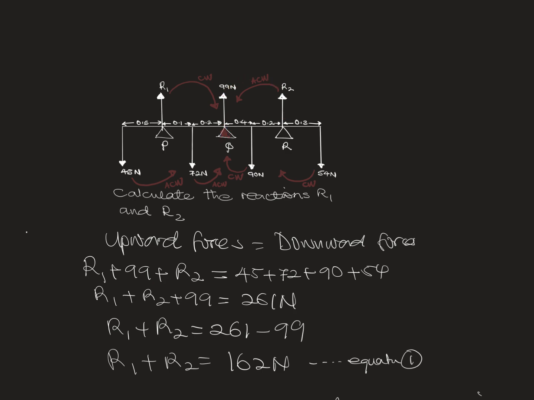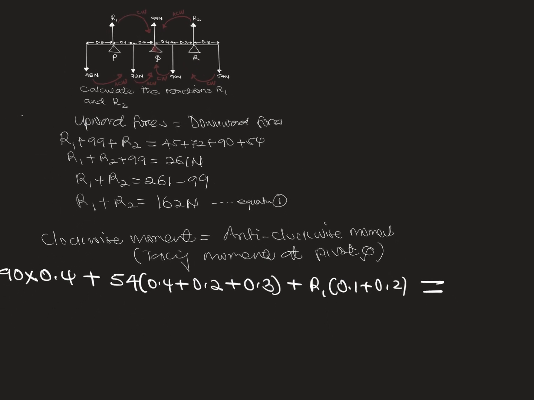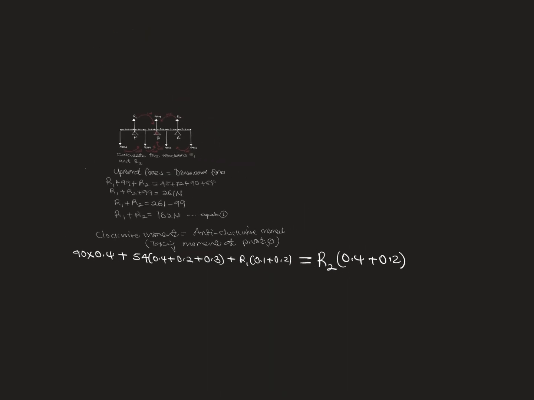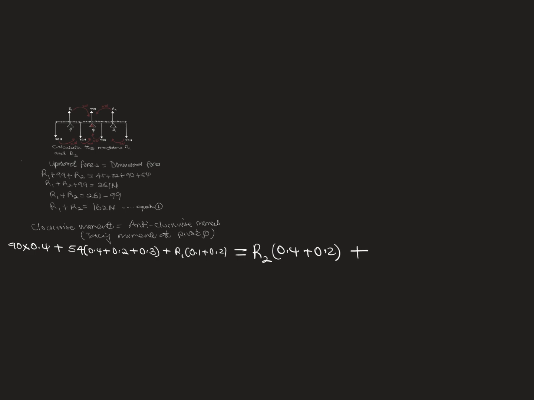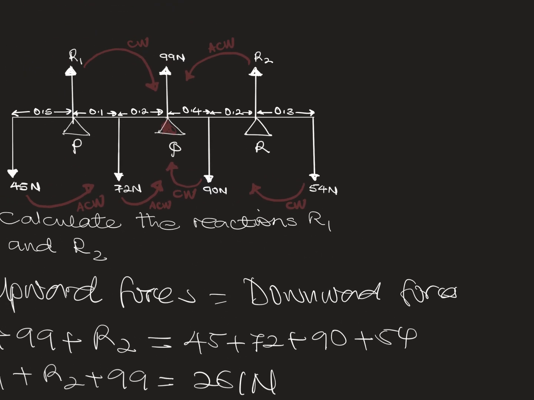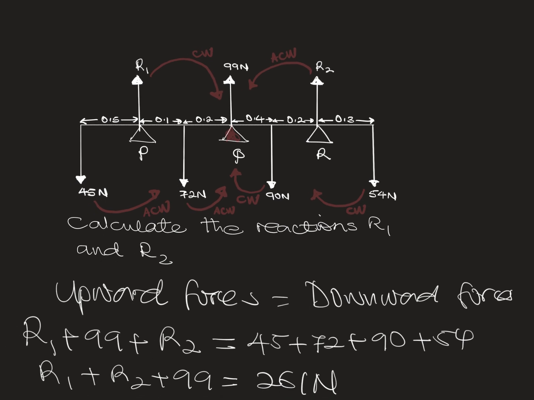So we can say R2 into 0.4 plus 0.2, plus the other anti-clockwise moment. We have the 72 Newton, and the perpendicular distance is just 0.2 meters.